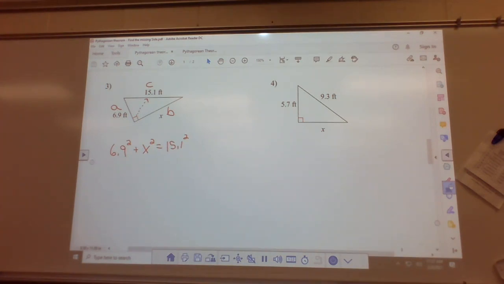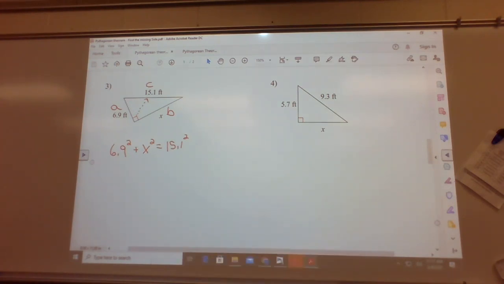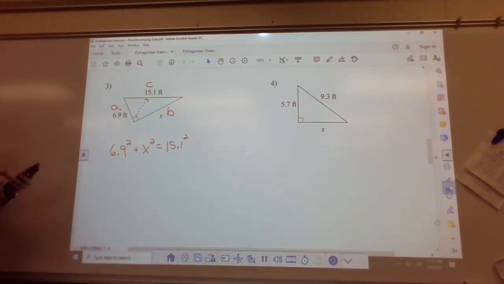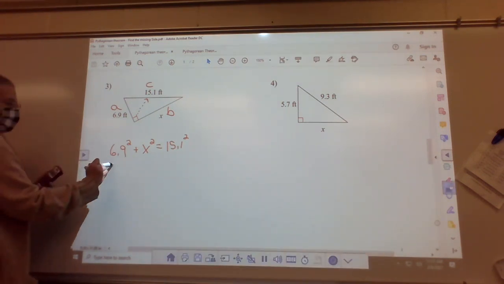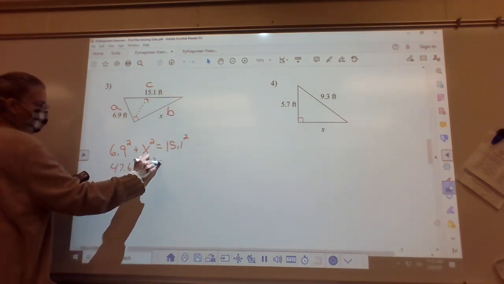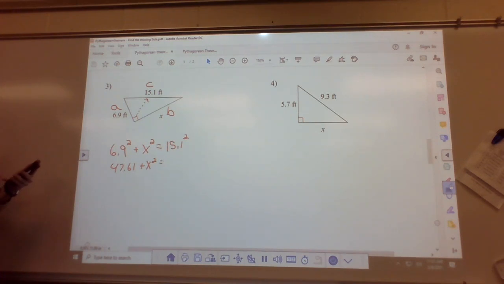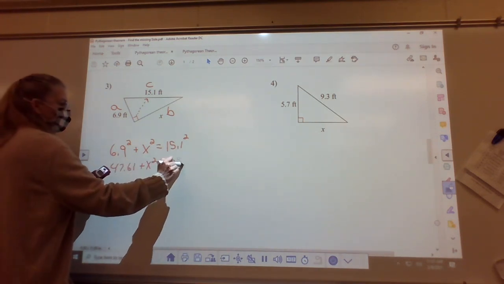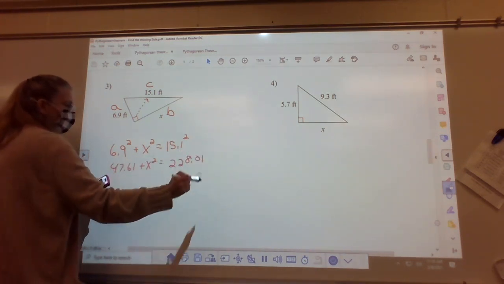Okay, this isn't hard either. On the first two, everything I needed was on the left-hand side, and I could just put it all in. On this one, my X is kind of stuck in the middle of everything. So I'm going to go ahead and square this guy. 6.9 squared, 47.61. Bring down the X squared. 15.1 squared, 228.01.